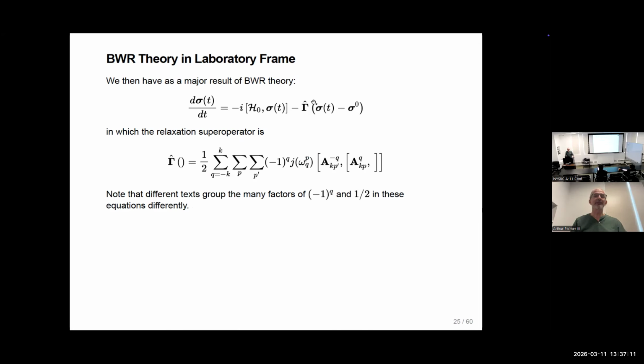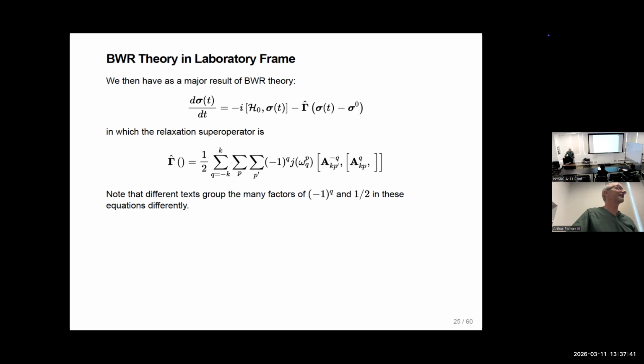So this is an operator equation, and it's fine. There's nothing wrong with it. This is the major result of the theory. But if we want, we can turn it into an algebraic equation. We can expand the density operator in a set of basis functions and then solve for the numerical coefficients, and convert the operator equation into an algebraic equation.